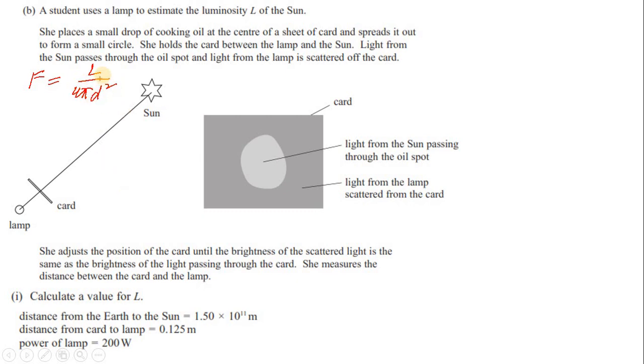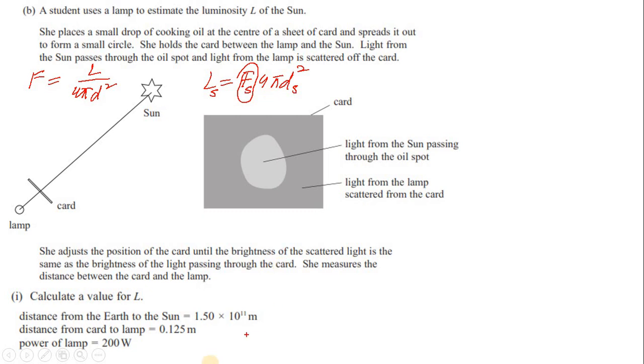So we can find the luminosity if we have F, the brightness, and 4 pi d square. We have the distance of the sun, which is ds. Luminosity of the sun can be found if we have Fs, but we don't have Fs.